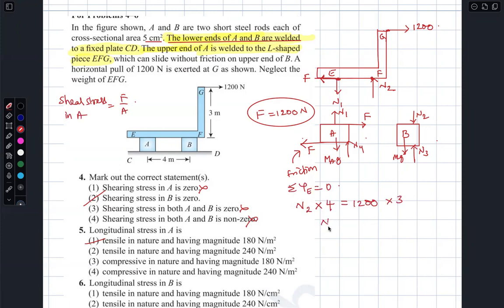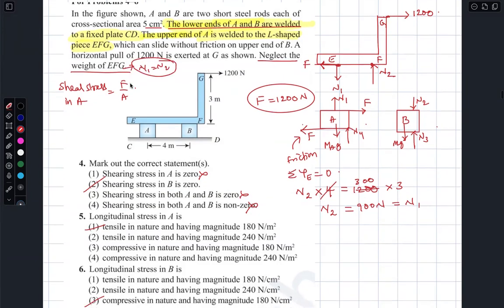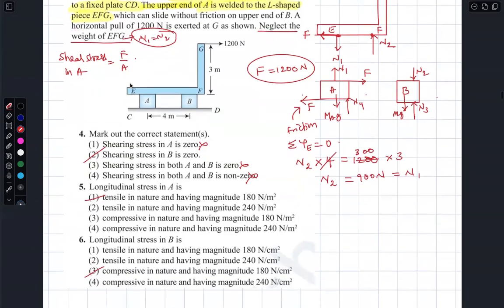So clearly N2 is equal to 900 Newton. Don't forget, this is the same as N1. Why? Because on the frame, net upward force is 0. Neglect the weight of EFG. That is also an important term, which means N1 must equal N2 for this. Right? There is a part I have done.